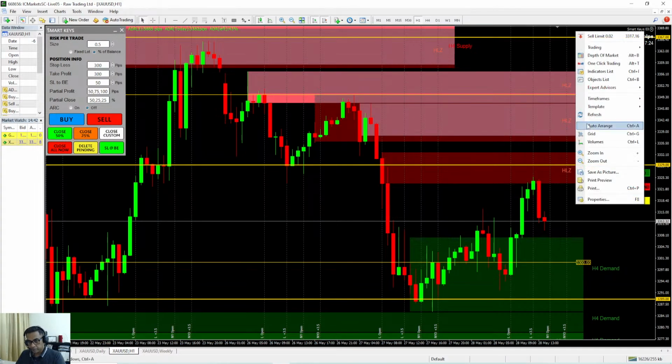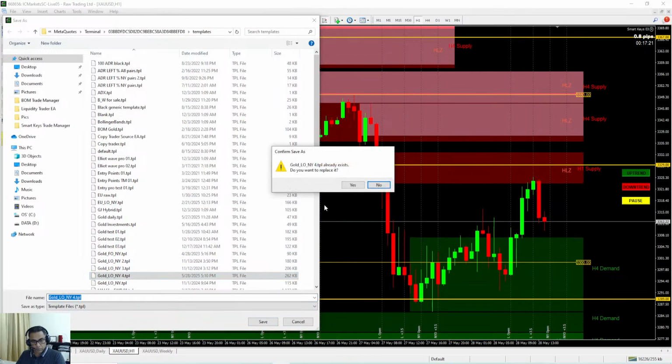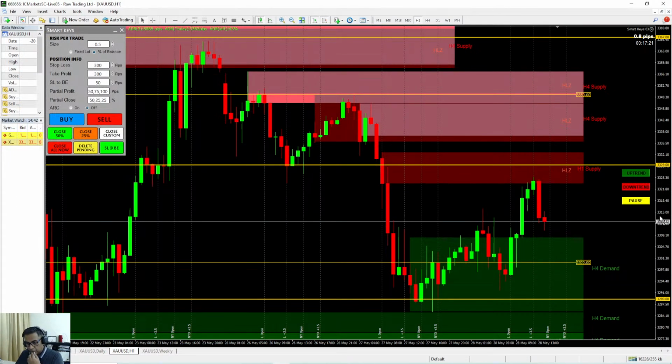Okay. Right. So we have a new 4-hour demand zone here, and an adjusted 1-hour supply. These are the only two new zones that we have because price hasn't moved much, right?